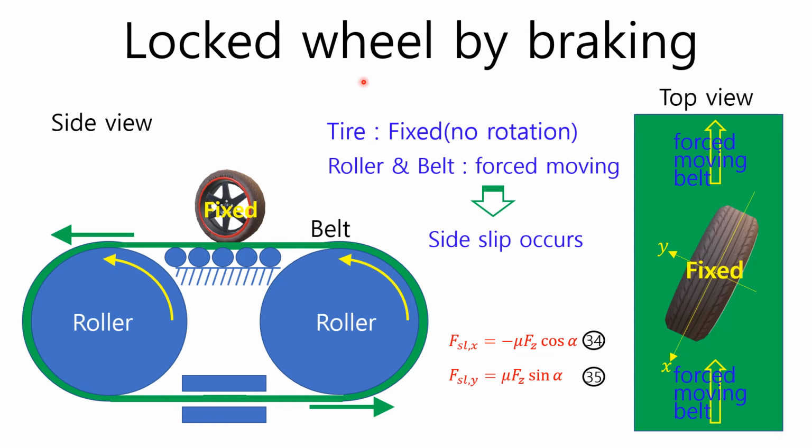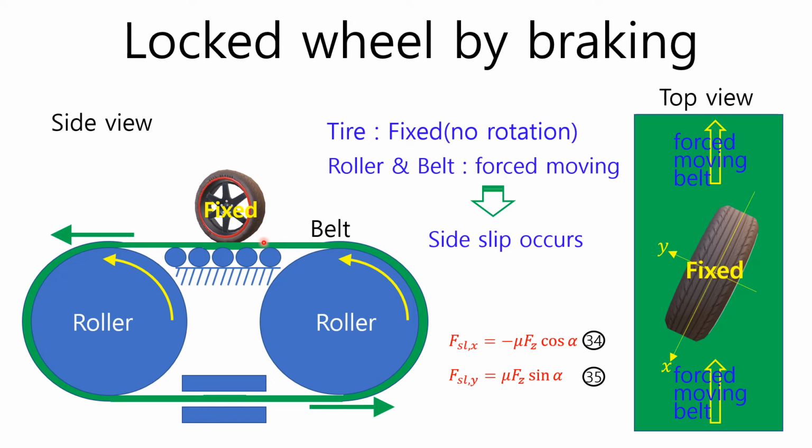The locked wheel by braking in a turn can be explained by the behavior of real tires in the dynamometer tester. The figure on the left is a side view of the tester, and the figure on the right is a top view of the tester. By forcibly rocking the tire in place with the angle alpha while rotating the roller of the test machine, the locked wheel state can be reproduced.